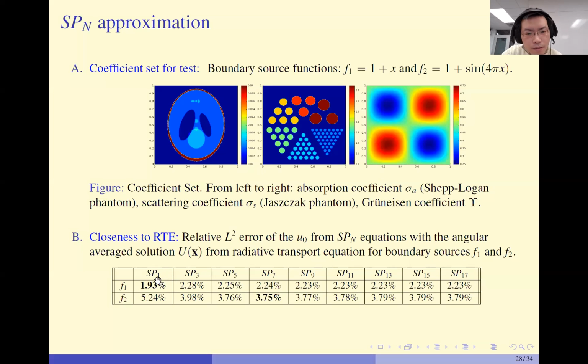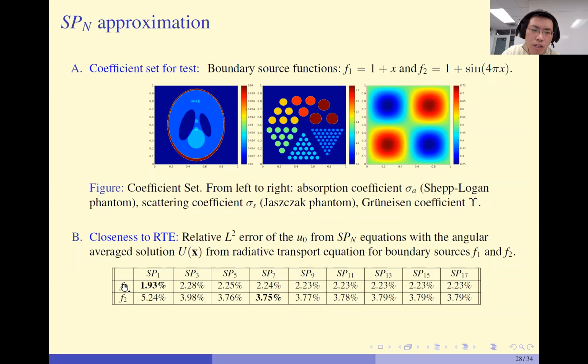And here is the result. The numerics here show the error between the averaged SPN model and the true average of the solution from the radiative transport model. So it's just a comparison of the SPN model and the true radiative transport model on the so-called radiation function, which is the average solution.